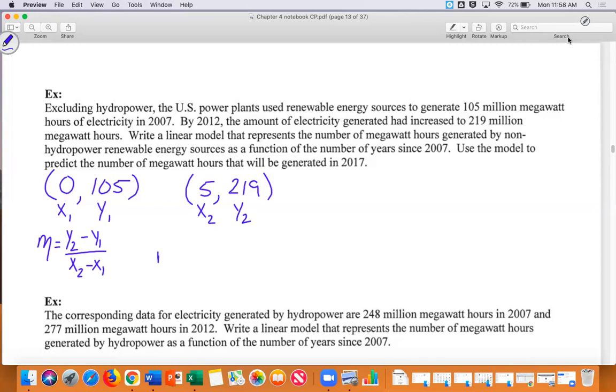I'm going to do 219 minus 105 over 5 minus 0. 219 minus 105 is 114. 5 minus 0 is 5. Now, Louis, you can take out your phone for this. What is 114 divided by 5?